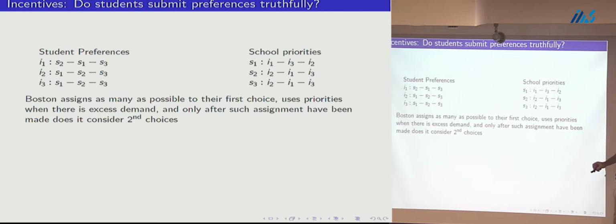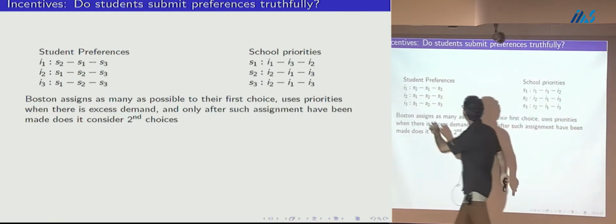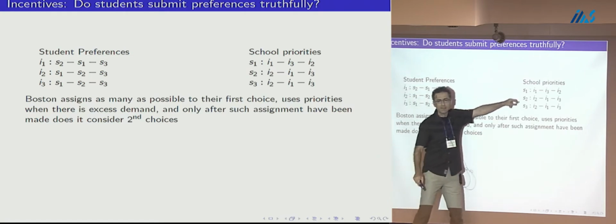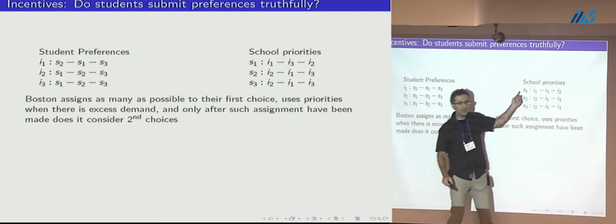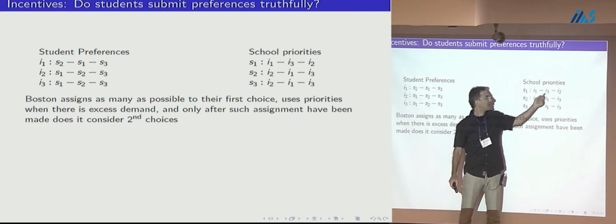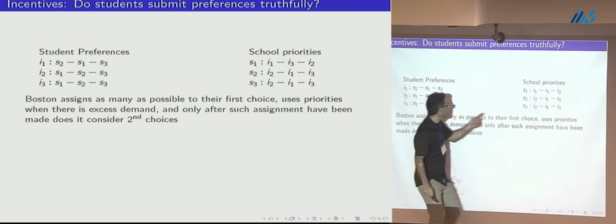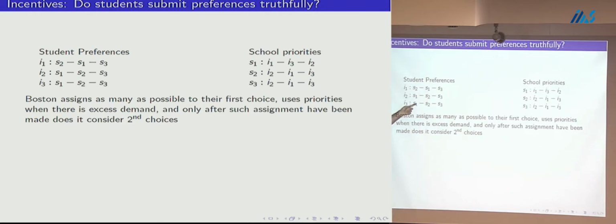So what would happen in this case? Remember there's only one seat at each school. Student 2 is going to apply to school 2, and he's going to get the seat. Students 2 and 3 are going to apply to S1. S1 has only one seat, but it ranks 3 higher than 2. So 3 is going to get S1.